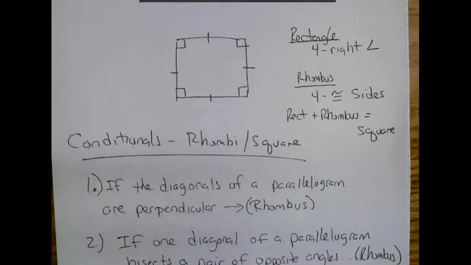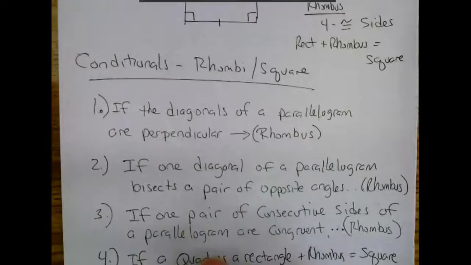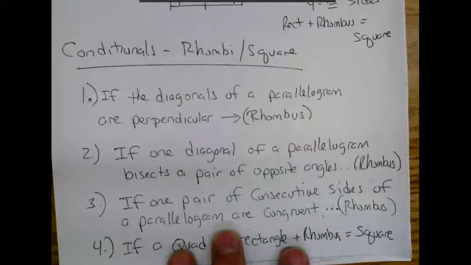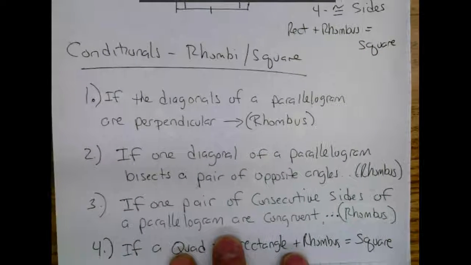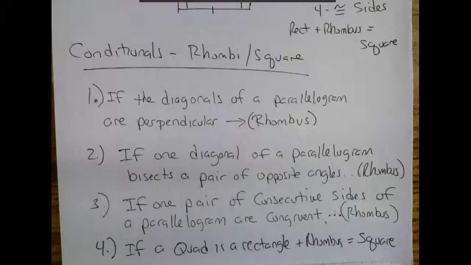Then we look at some conditionals to understand whether we have a rhombus or a square. The first one is, if the diagonals of a parallelogram are perpendicular, then it's a rhombus. That's kind of the first thing we talked about. It also says if one diagonal of a parallelogram bisects a pair of opposite angles, then it's a rhombus.